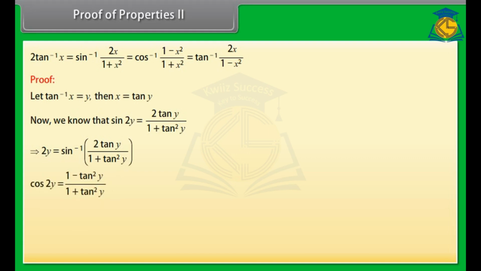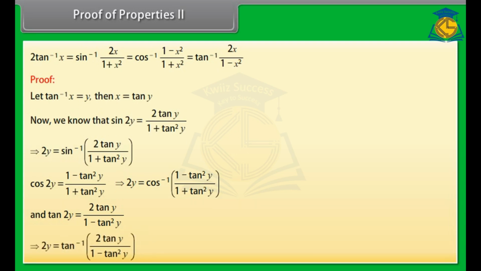Cos 2y is equal to 1 minus tan square y by 1 plus tan square y. It implies that 2y is equal to cos inverse of 1 minus tan square y by 1 plus tan square y. And tan 2y is equal to 2 tan y by 1 minus tan square y.